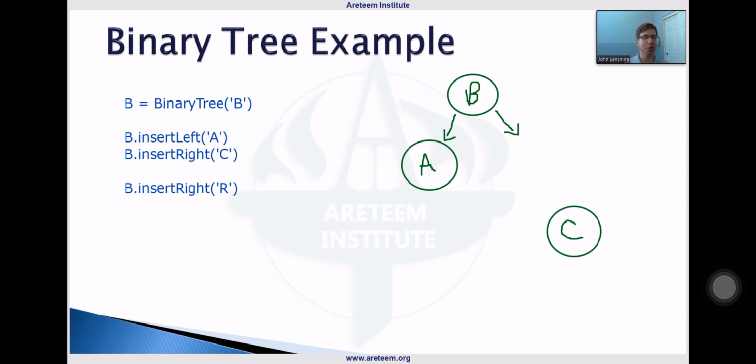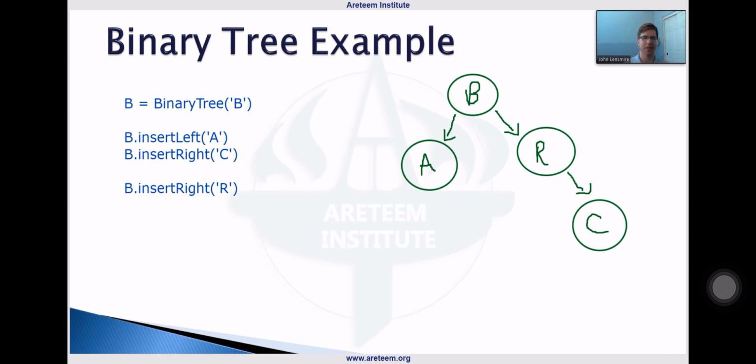So if we insert on the right, we're going to say, okay, R goes here. It's a new node in this case as well, and we'll talk about this a little bit more in a second. The right child of R will be that original C we had.